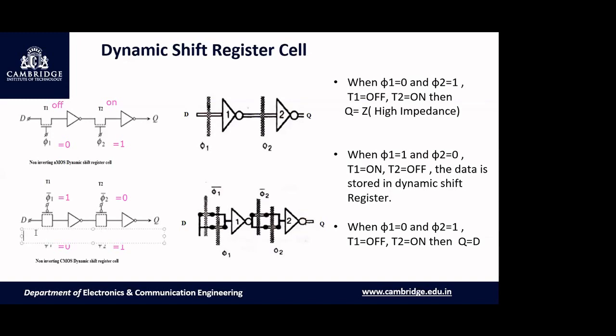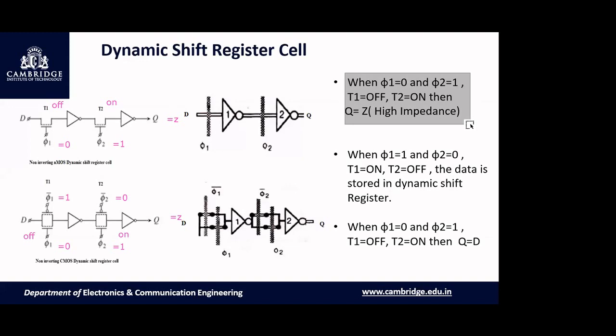Your T1 transmission gate is off and T2 transmission gate is on, and your Q output will be at high impedance, right? The operation of non-inverting NMOS and CMOS dynamic shift register is same. That's what I have written here. Okay, getting it? Understood, no?